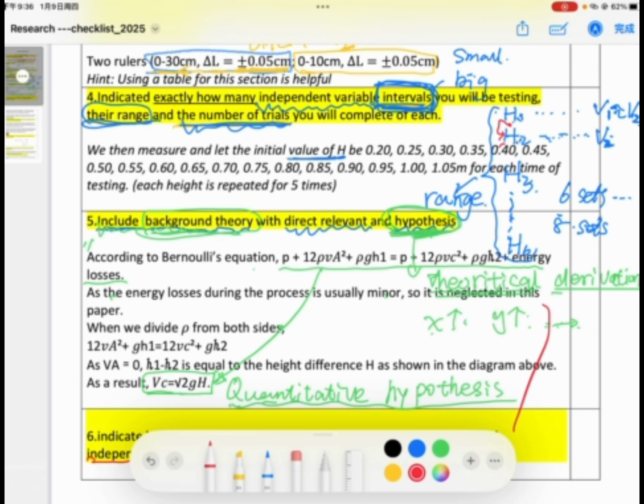After you determine the interval, what actions are you going to take to change h and to measure h? And when you change h, then you would change v correspondingly, and how are you going to measure v or get the value of v?